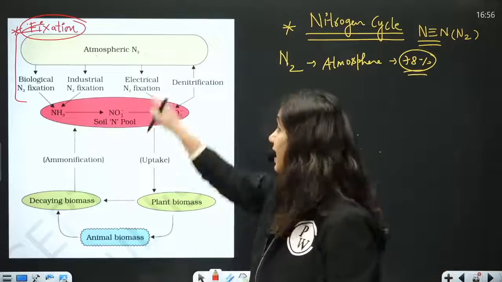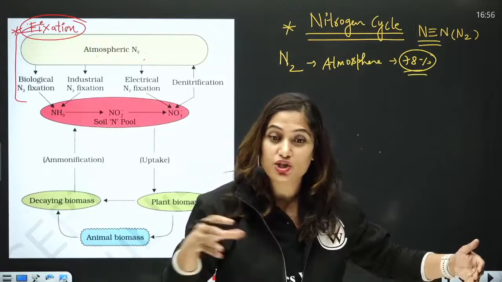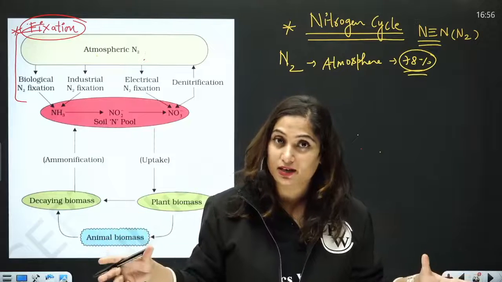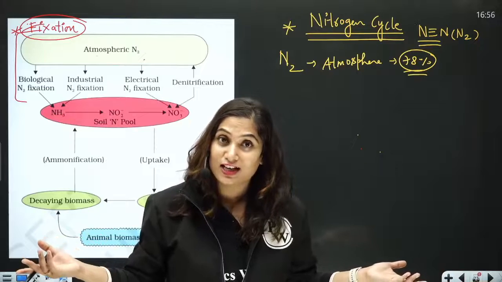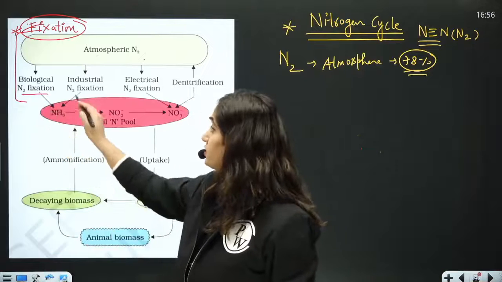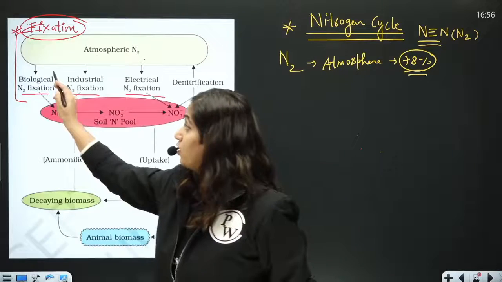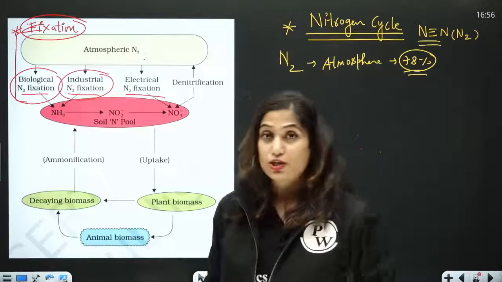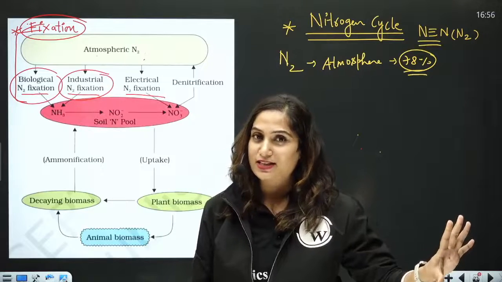What is fixation? To convert N2 into that form which can be absorbed by the plant, and that form can be ammonia, nitrite, or nitrate. That means it can be ammonia or oxides of nitrogen. Clear? There are many types of fixation: biological nitrogen fixation, industrial nitrogen fixation, and electrical nitrogen fixation. Biological nitrogen fixation is done by bacteria. In industrial nitrogen fixation, industries and automobiles release nitrogen in the form of oxides.